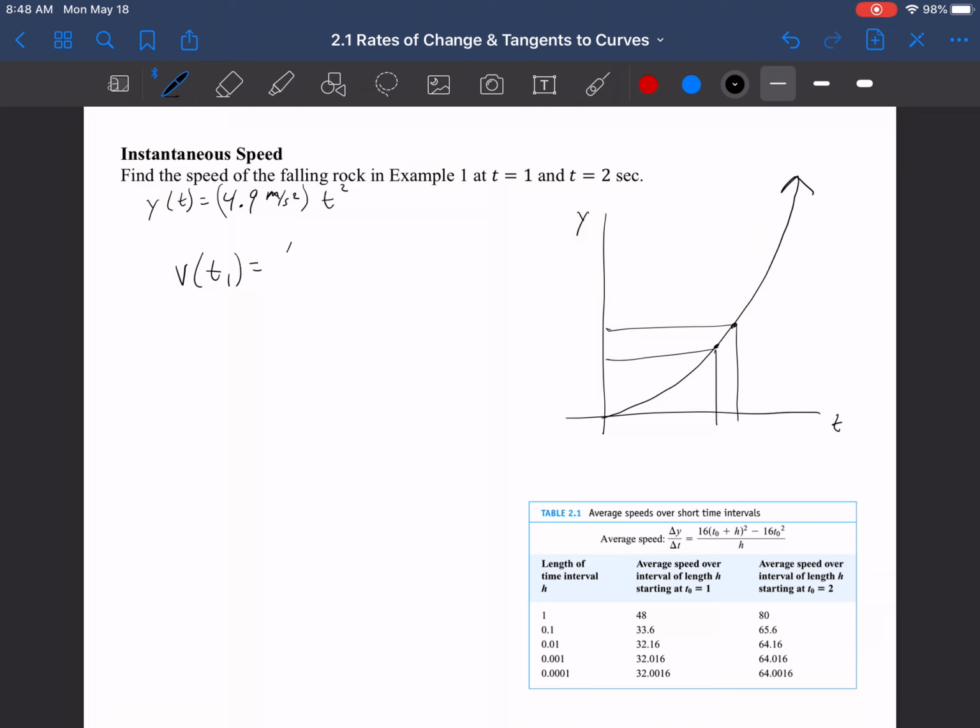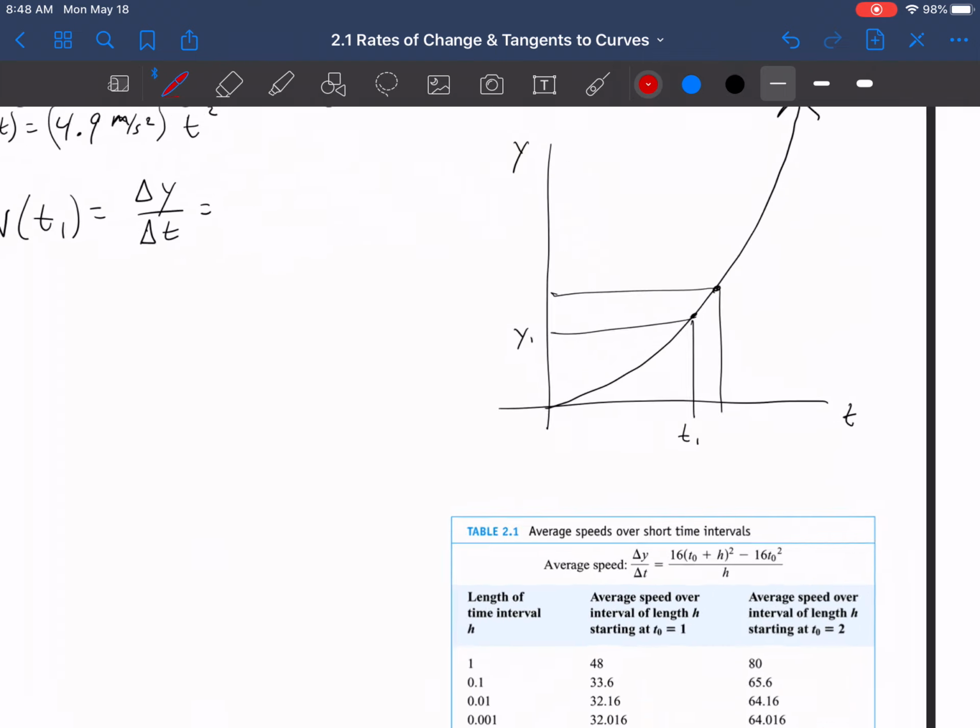The way that works is change in y over change in time, change in position over change in time. And what we want to do this time is, instead of doing a big step, we're going to look at t1, and this will be y1. And we're going to do a little step. So let me zoom in on this.